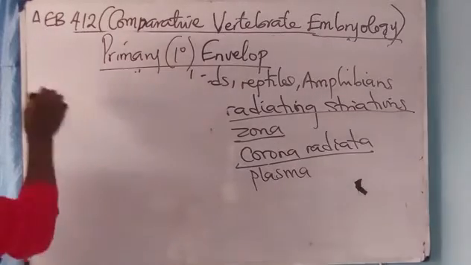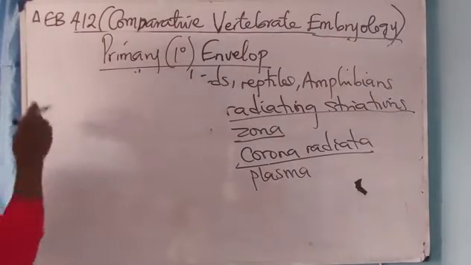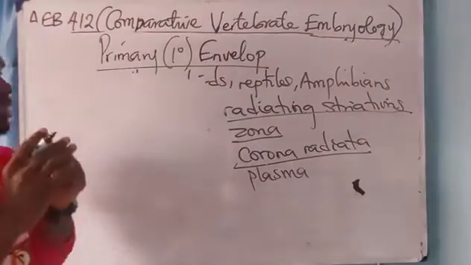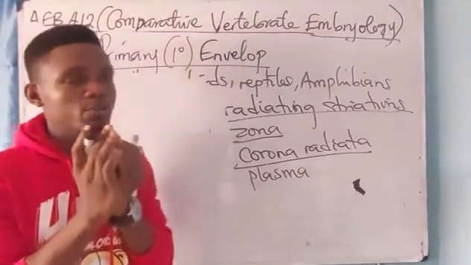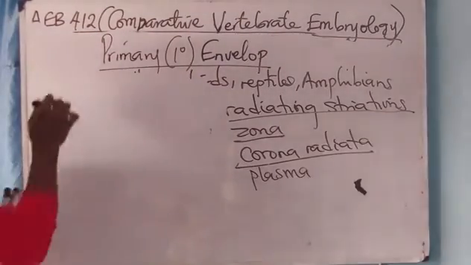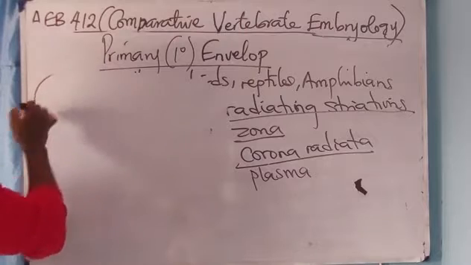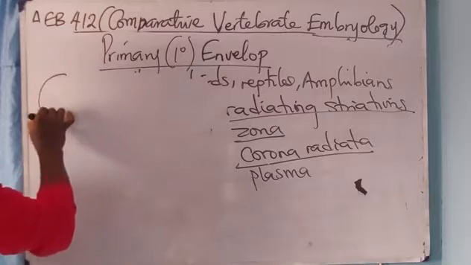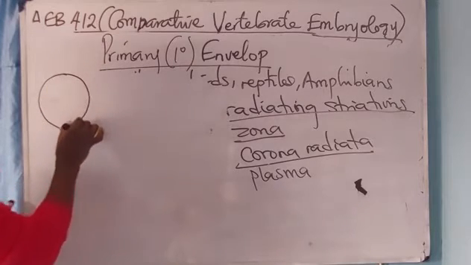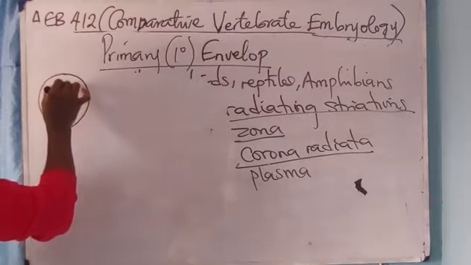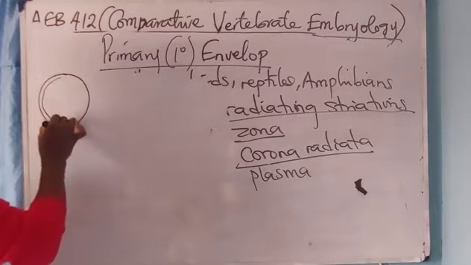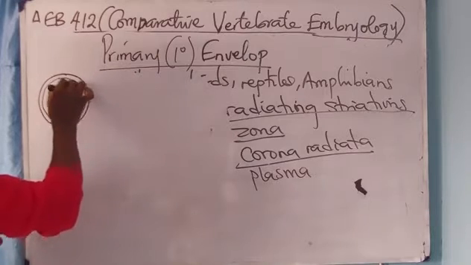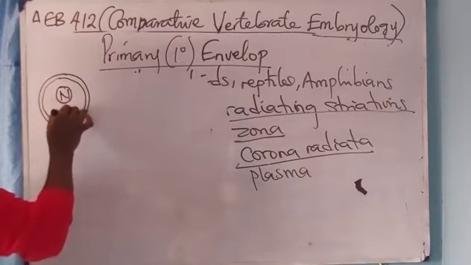I said in birds, fishes, amphibians, reptiles, their egg envelope is called what? Vitelline membrane. It is shown like this. Now this is the ovum.